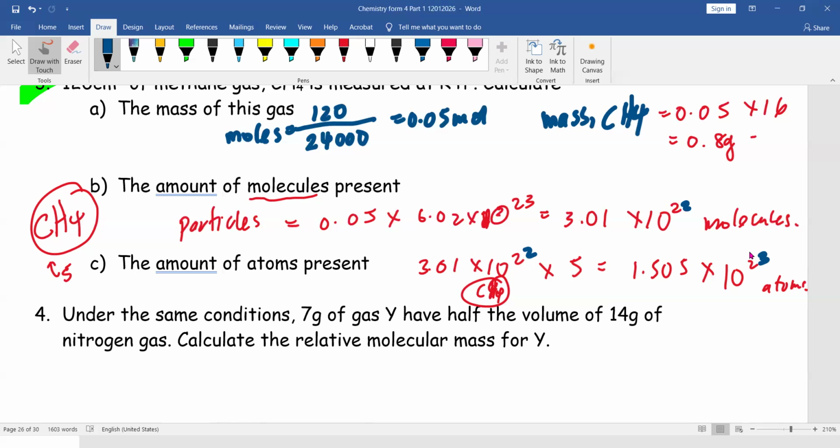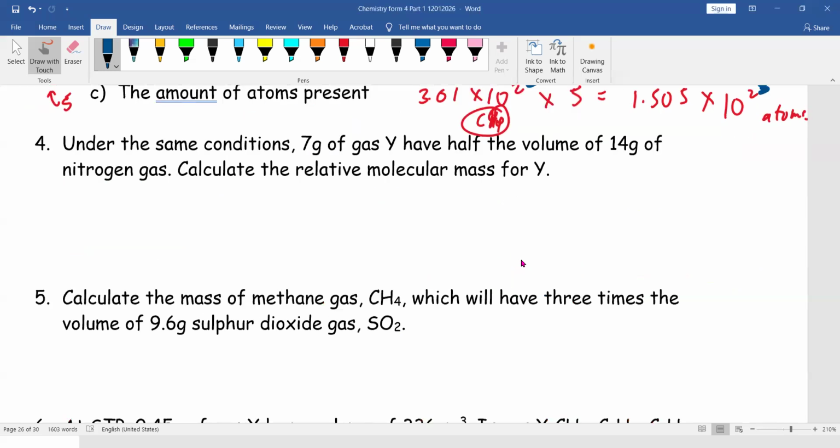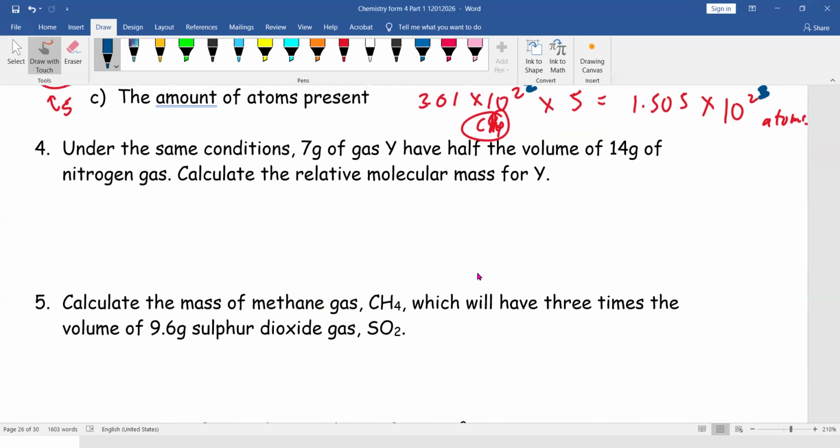Okay. All right. This question is a bit high on the thinking skill. Under the same conditions, 7 grams of gas Y have half the volume of 14 grams of nitrogen gas.